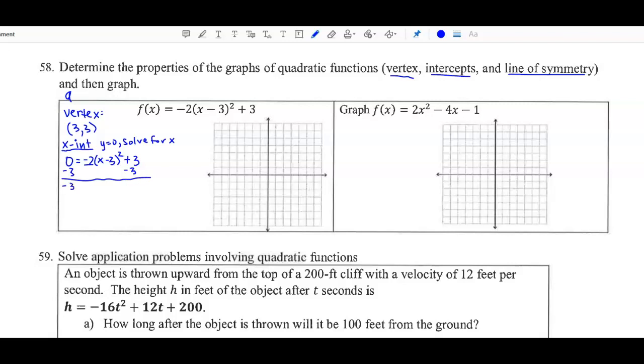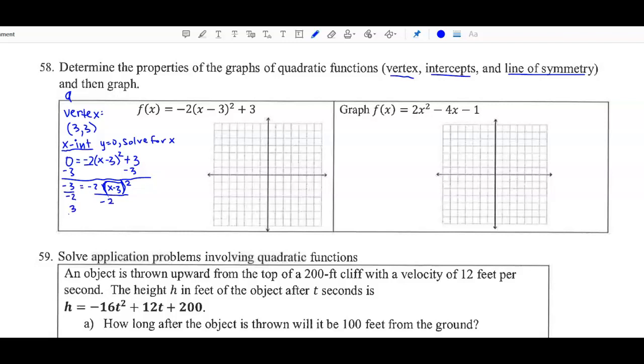And so that will give me -3 equals -2 times x minus 3 all squared. Whoops, why did I put a square root? I'm thinking ahead here. Sorry about that. Now I'll divide by my -2.